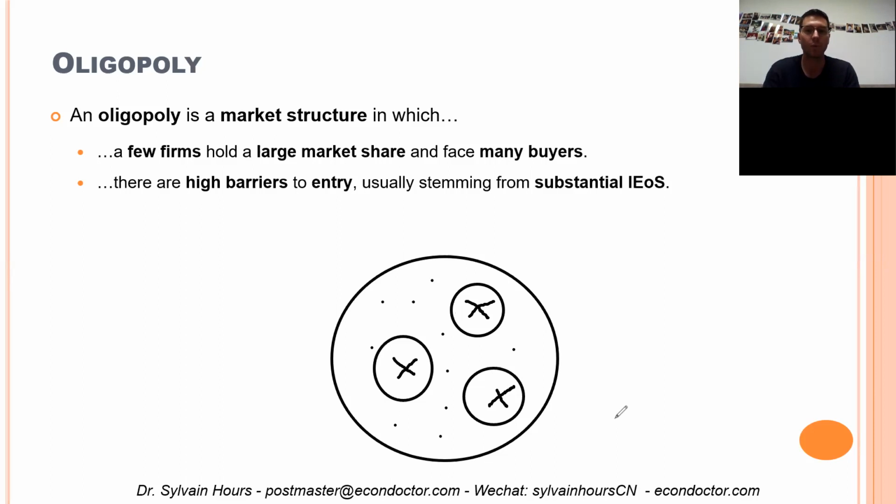That means 3 oligopolists own a vast majority of the market, which fits the definition: a few firms hold a large market share. This is how we should define an oligopoly.